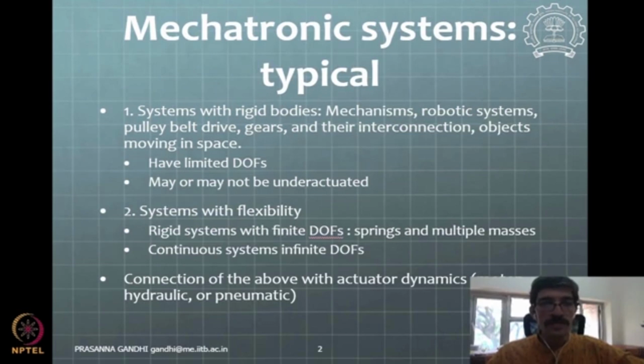Contrary to that, systems with flexibility are by their nature infinite dimensional systems. So what we do for control is a finite dimensional approximation, using methods like the assumed modes method, or simply assuming all the elements to be co-located or lumped masses and springs.